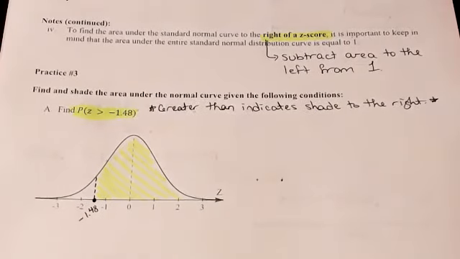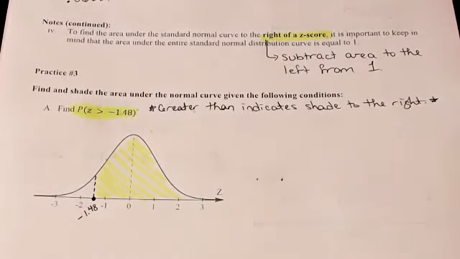Now, there's a couple ways to do this. You can go to your table, look up the area to the left, which is negative 1.48. When you have that, would you share that with the class? The area to the left is... Sam, what'd you get?